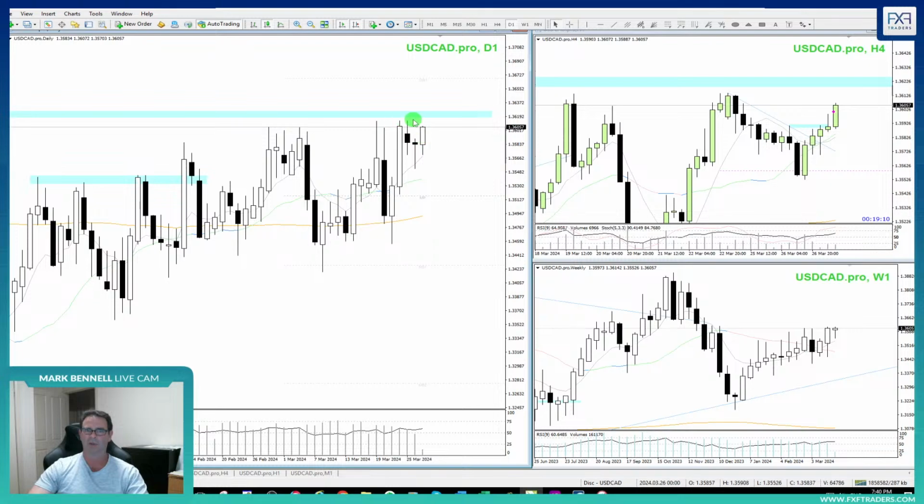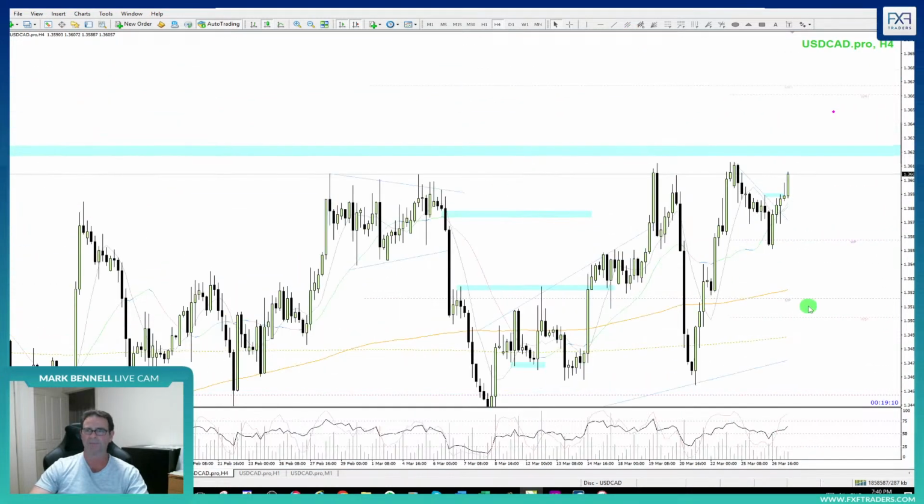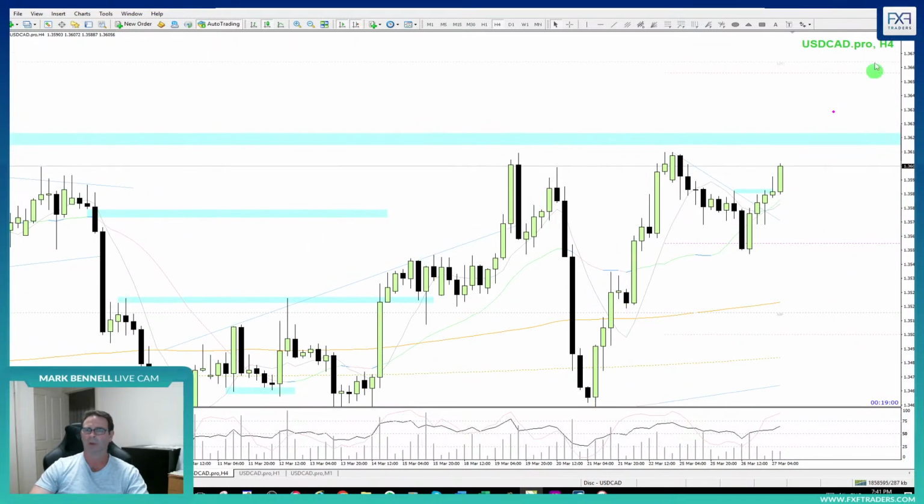Let's see how it tackles the high and that resistance. Right, you can see I've got it marked out on the 4 hour as well. So okay, if you didn't get in through there, like we were looking at, then let's see how it behaves around these levels.